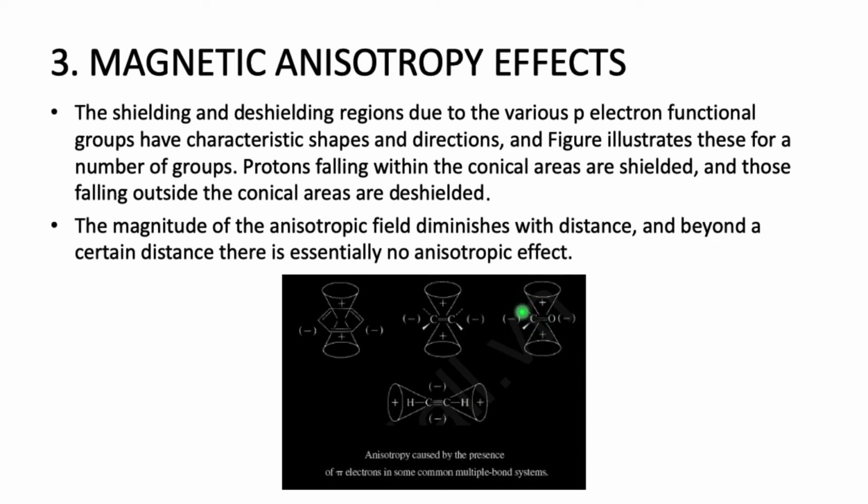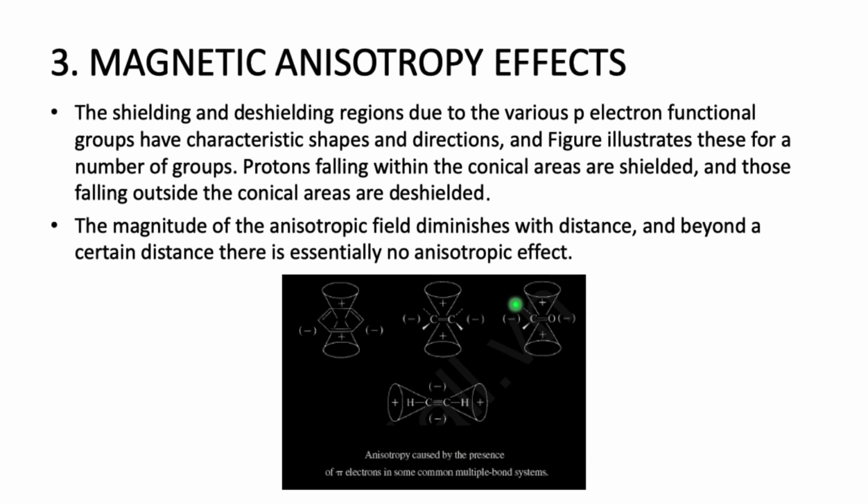You can see, if this is an aldehyde, the proton here will be outside the conical area which is represented here. If the hydrogen is outside this conical area, it appears at a highly deshielded region, which is 7 to 8 or sometimes 8 to 9 delta values, as in the aldehyde.